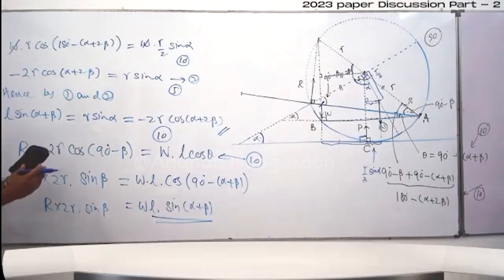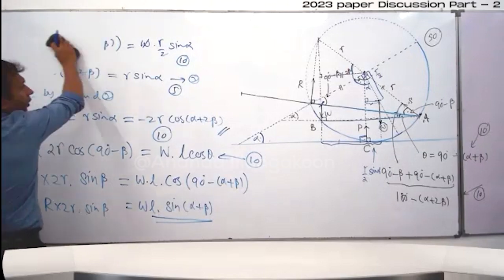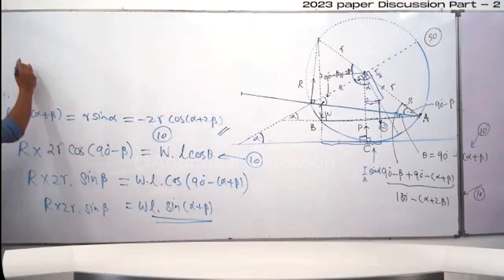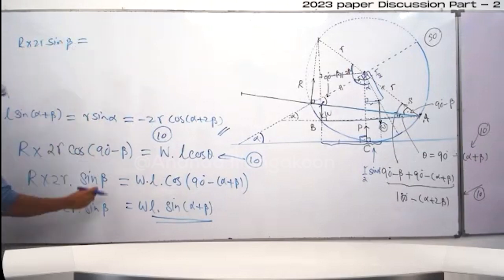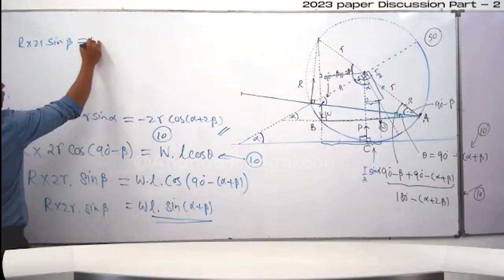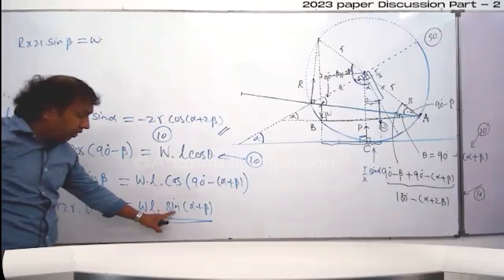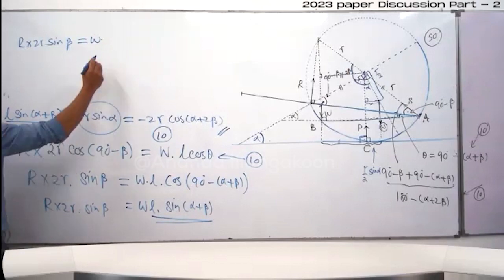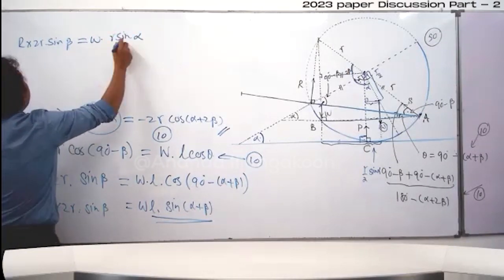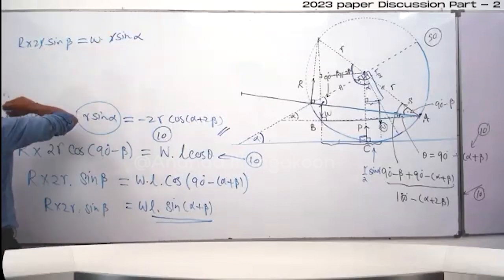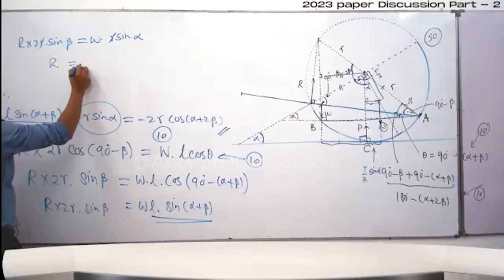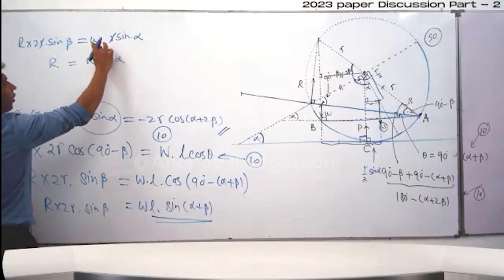And now you can write the same thing like this. R into 2R sin beta equals W times L sin(alpha plus beta), which is equal to R sin alpha. Put that there. Then this R and this R we can cancel. Capital R can be made the subject. The 2 sin beta we take to the right hand side denominator. W sin alpha is on the right hand side.